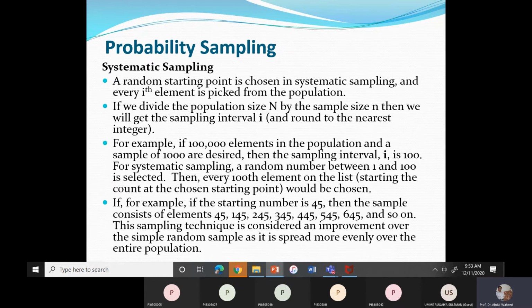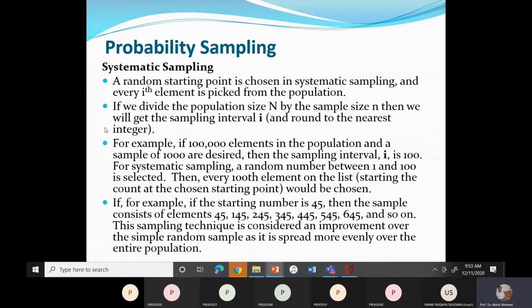Then the second probability sampling technique is systematic sampling. In this case, a random starting point is chosen, and then every ith element is picked from the population. If we divide the population size N by the sample size n, we get the sampling interval, called i, and we round it to the nearest integer.